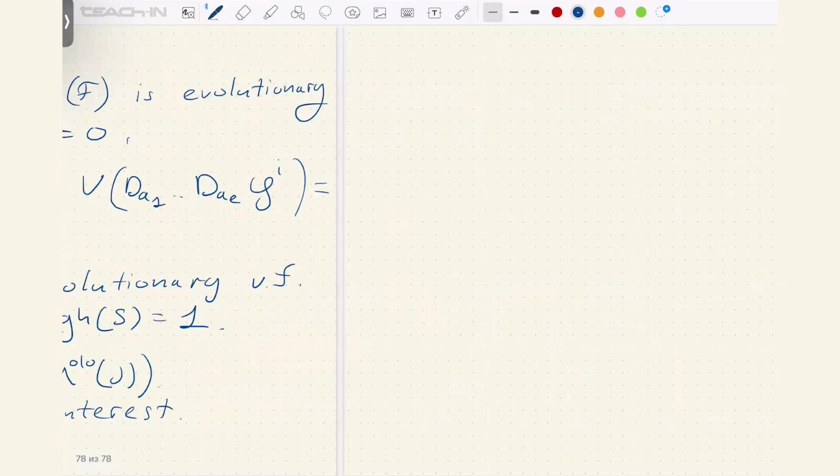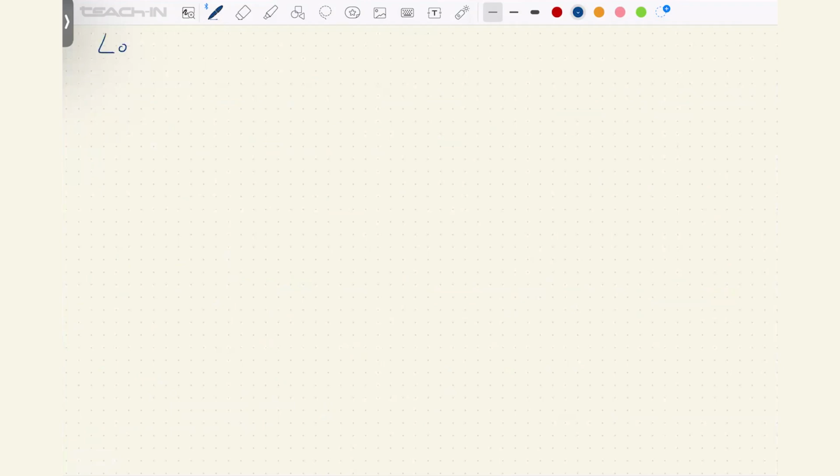And what are local BRST cohomology? Formal definition is like this. So S acts, so we introduce equivalence classes of local functions.